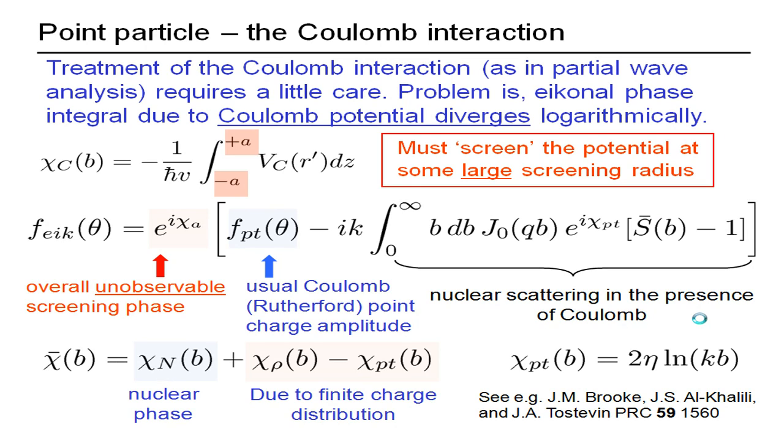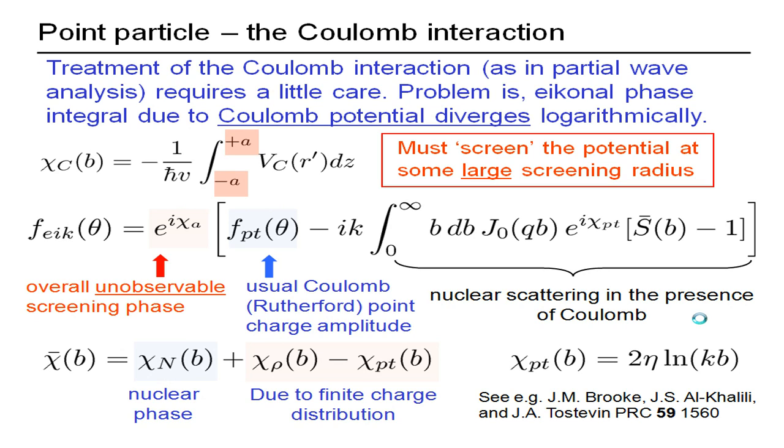So this is in the slides if you want to study it in detail, but it's a little trick. The structure of this amplitude is very, very similar to what you get when you do partial waves: point Rutherford scattering plus the additional complications. It is very similar to the eikonal amplitude I just showed you, except there's a phase in here. Remember the e to the i sigmas that come about in your partial wave expansion.